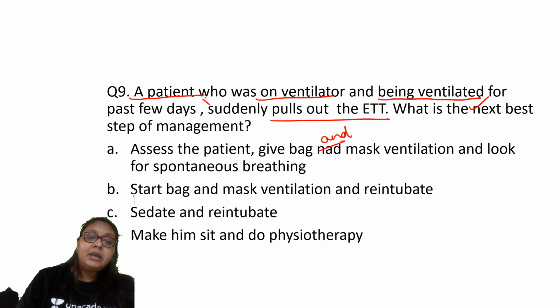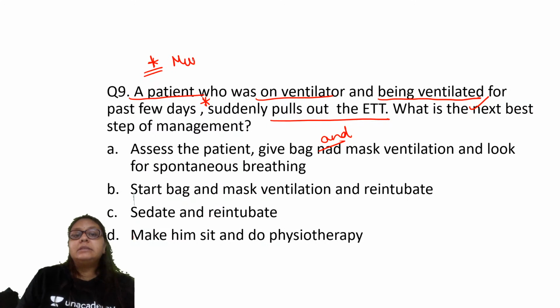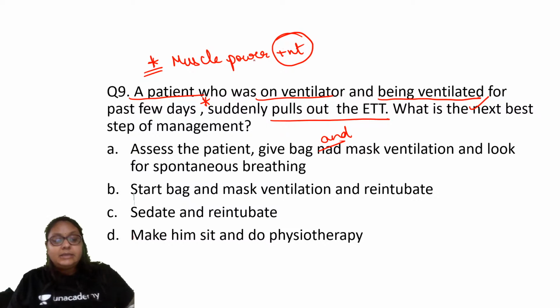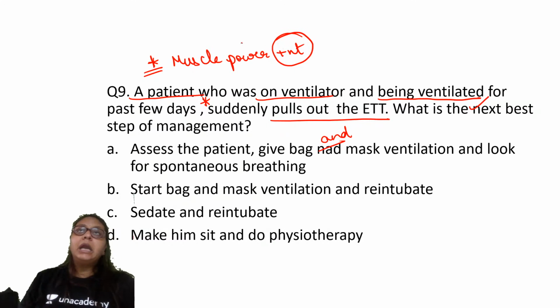If the patient is himself pulling out the ETT, that means the muscle power is present. Dr. Kunal, it should be A.